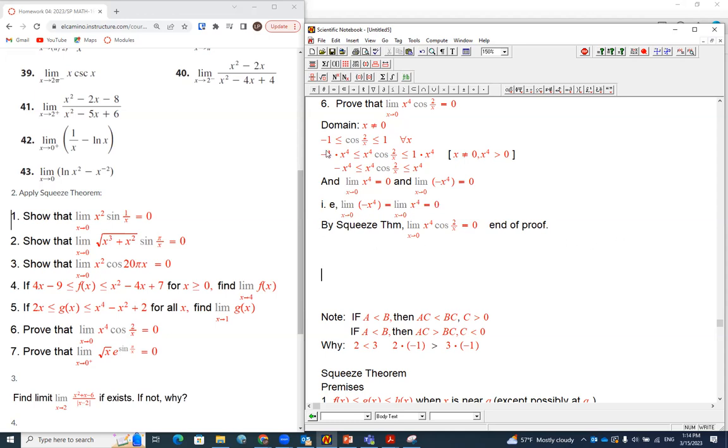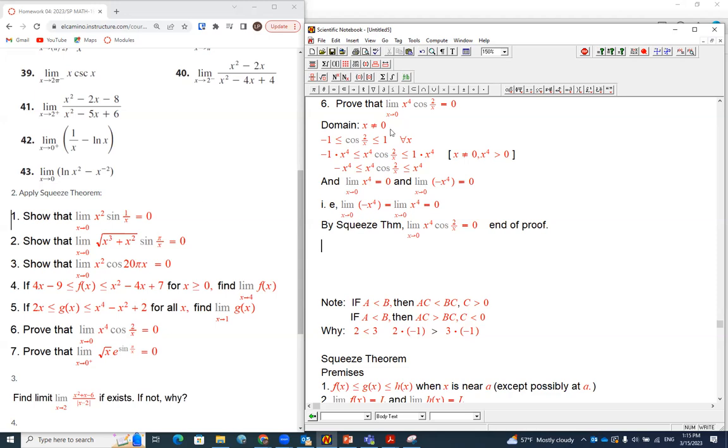By the Squeeze theorem, so it can be just as short as this. If you skip this piece and go here directly, that'll be fine too. This piece is optional, but x to the power 4 larger than 0 is usually considered obvious. If x is not 0, x to the power 4 is greater than 0. When you point out that obvious fact, that will help you.